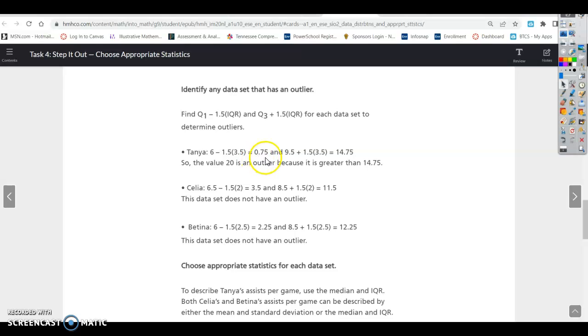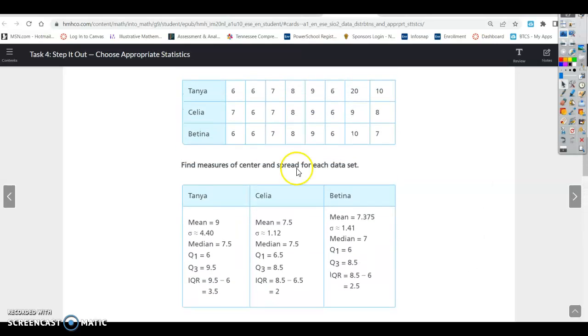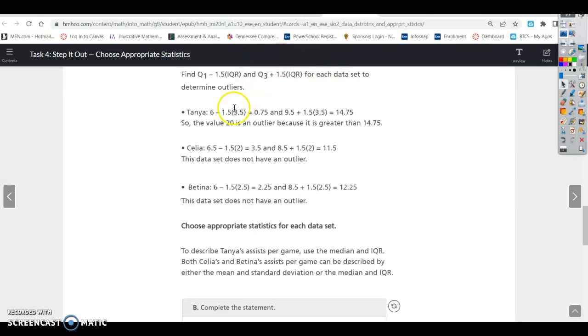So if you look at 0.75 and 14.75, we're looking for any outliers. So if you go up here, 20 falls outside of that range. So that's where they said the value of 20 is an outlier because it falls outside of the 0.75 and the 14.75. All right, Celia, 6.5 minus 1.5 times 2.